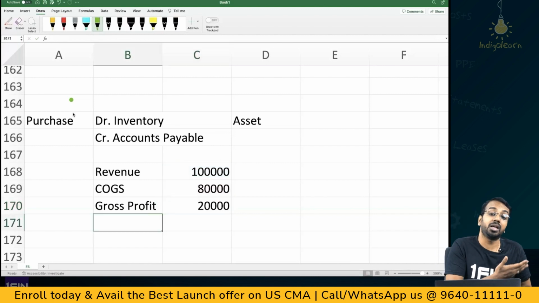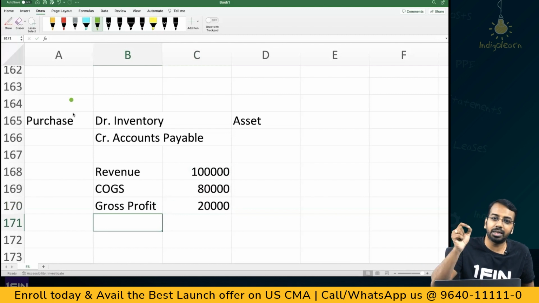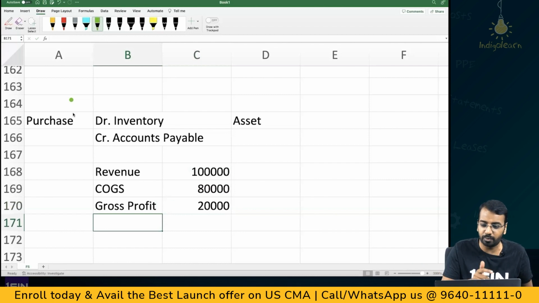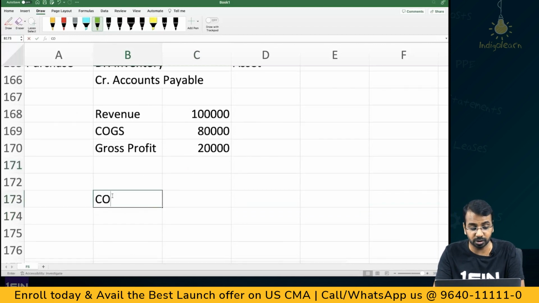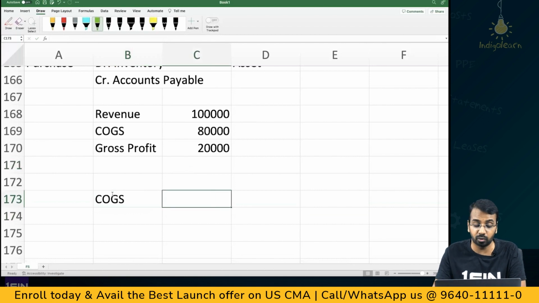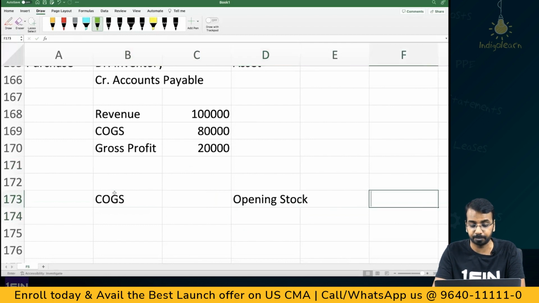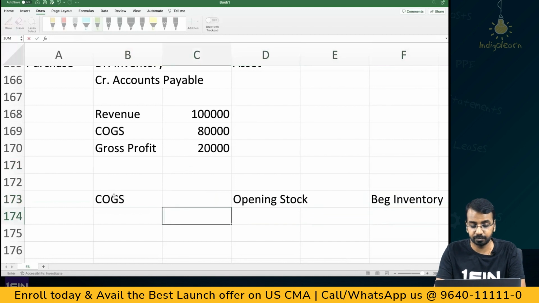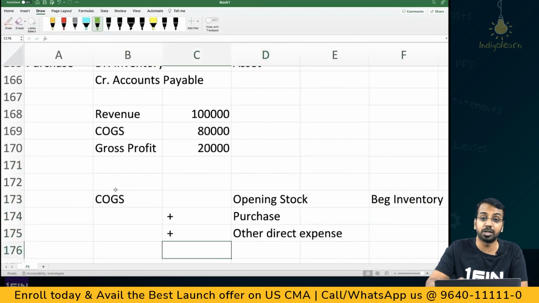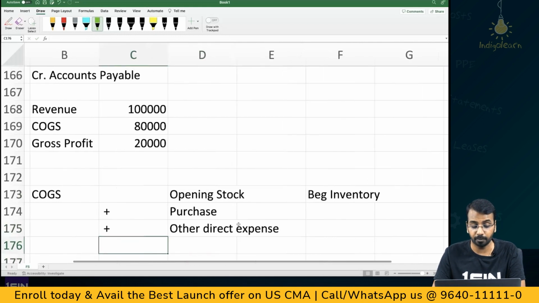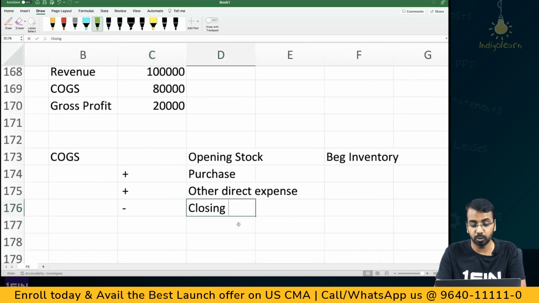This is one item. But I may be dealing with hundreds of mobile phones, and to count each and every mobile phone and see what is the cost of each, sometimes it may become difficult. So what we do is we take an approximation of cost of goods sold, which is calculated as opening stock or beginning inventory, plus purchases, plus other direct expenses like transport, insurance, loading, unloading, minus closing stock.